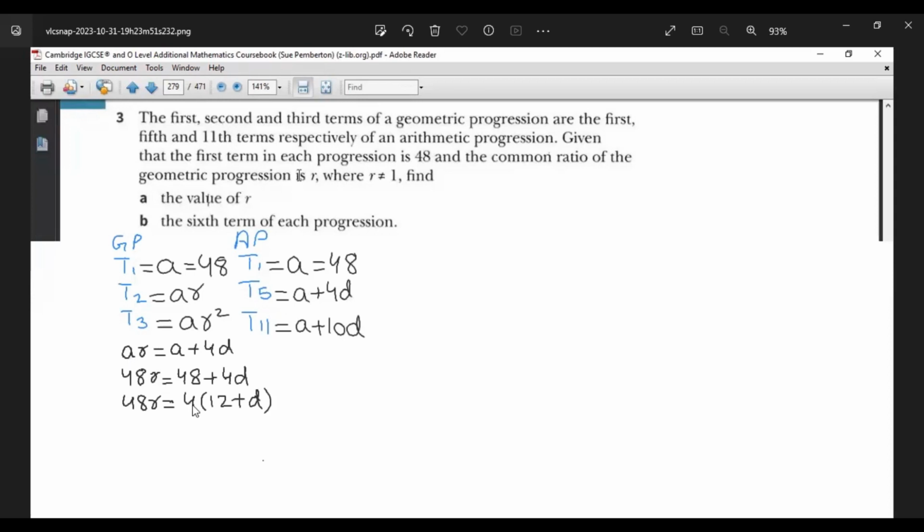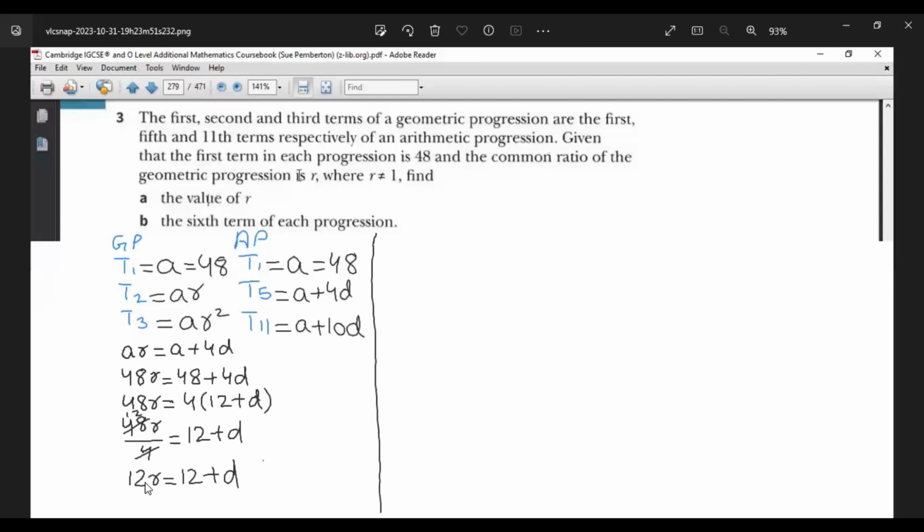Now shifting this 4, which is being multiplied, over here, it will become 48R over 4 equals 12 plus D. On simplification, 4 ones are 4 and 4 into 12, so I'm going to get 12R equals 12 plus D. Simplifying further, I'm shifting this 12 over here.